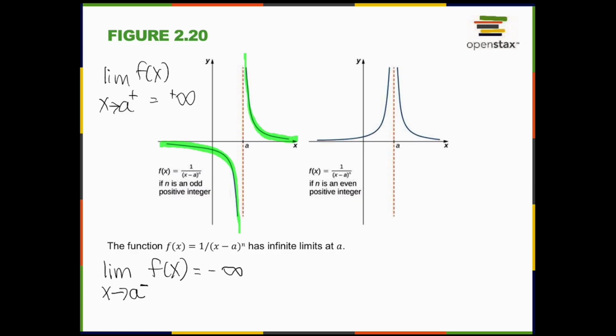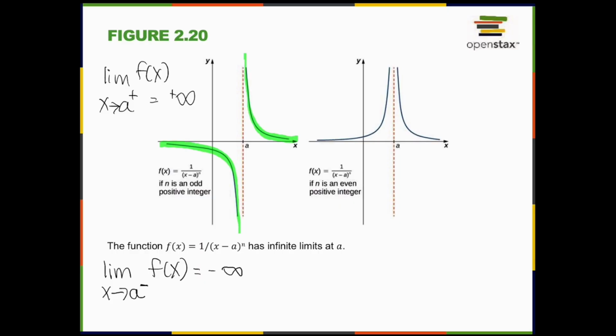Again, making the point that that doesn't mean that the limit exists, but we can describe the behavior of the graph with a positive infinity as x approaches that value of a from the right.